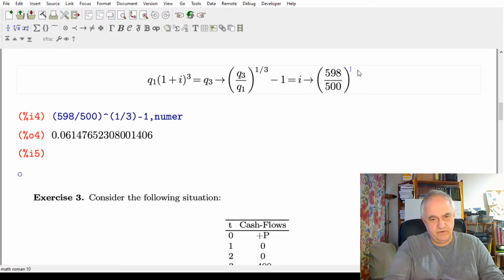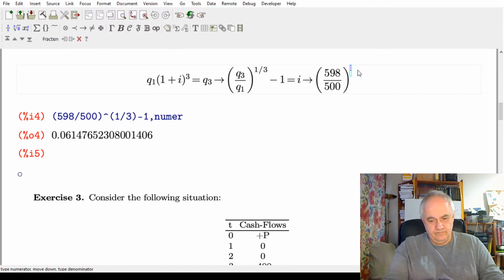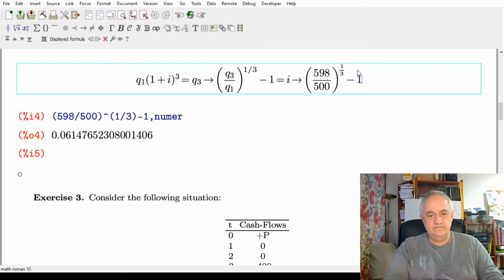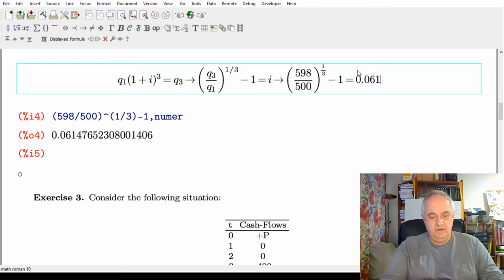Oh, something's wrong here. Minus 1, okay, equal to 0.06 or 6.1%.